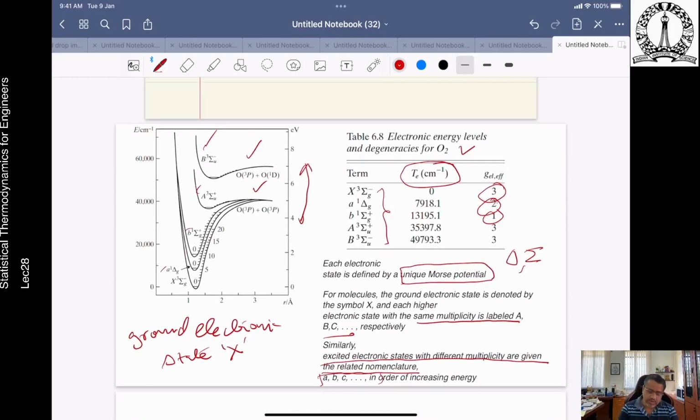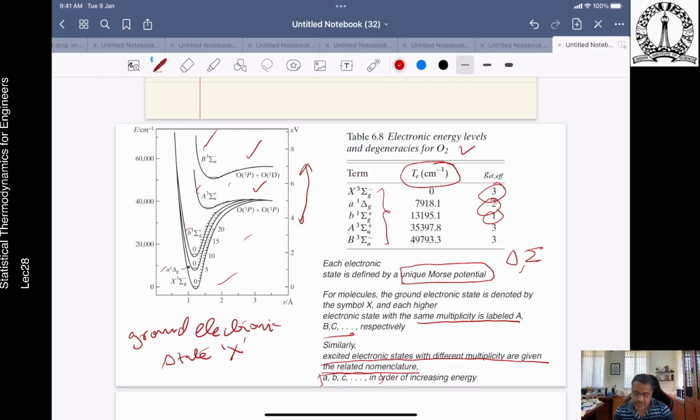To recap, each electronic state is represented by a separate Morse potential, which we see over here. If the electronic state has the same multiplicity, it is designated capital A, capital B, capital C. These are higher electronic states compared to the ground state.